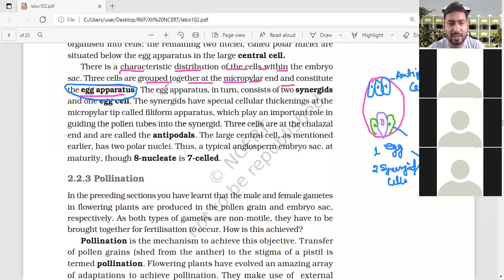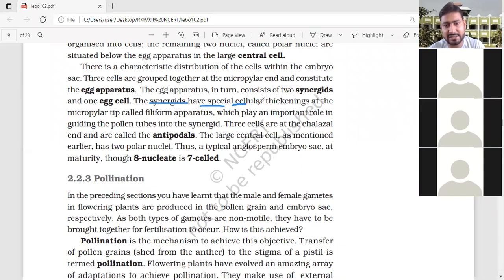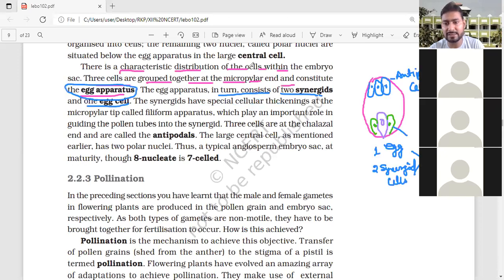Now you can see the egg apparatus in turn consists of two synergids and one egg cell. The synergids have special cellular thickenings at the micropylar tip called the filiform apparatus. In the structure I am drawing, the synergids have the filiform apparatus, a little thickening, which is known as the filiform apparatus.